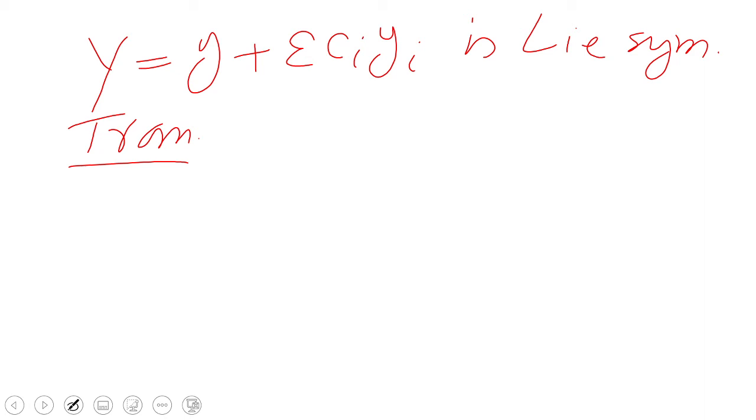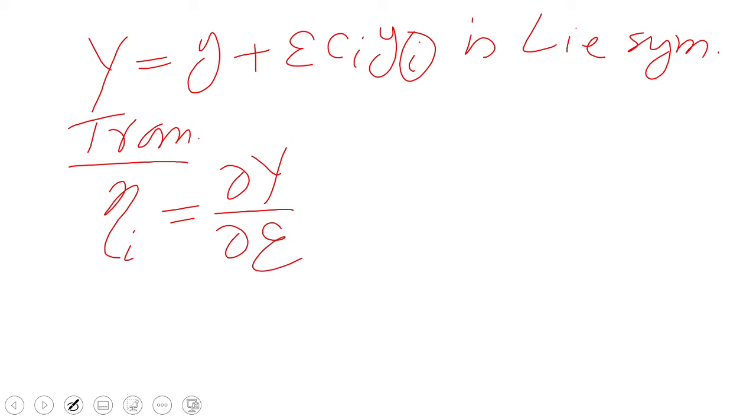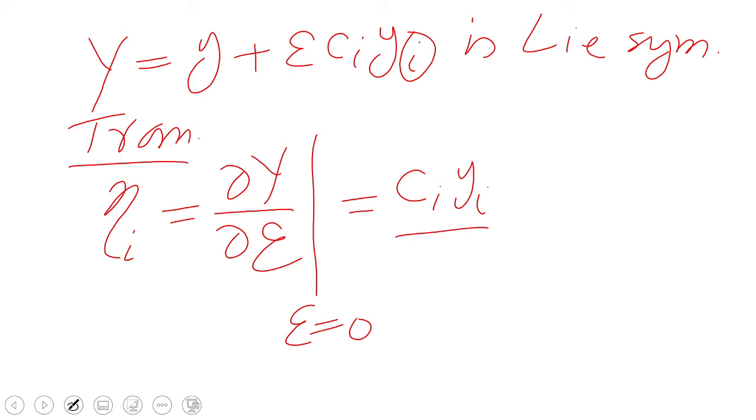Let's define eta_i, because here is the i index: partial Y by partial epsilon, and after differentiating putting epsilon 0, that is ci yi.